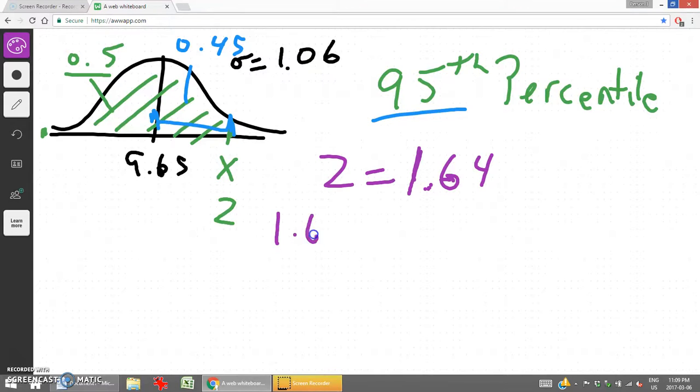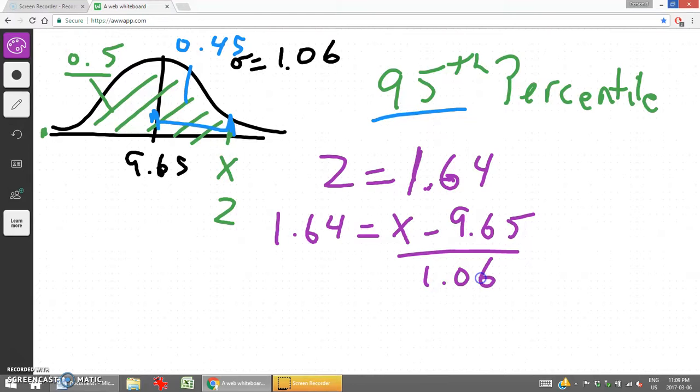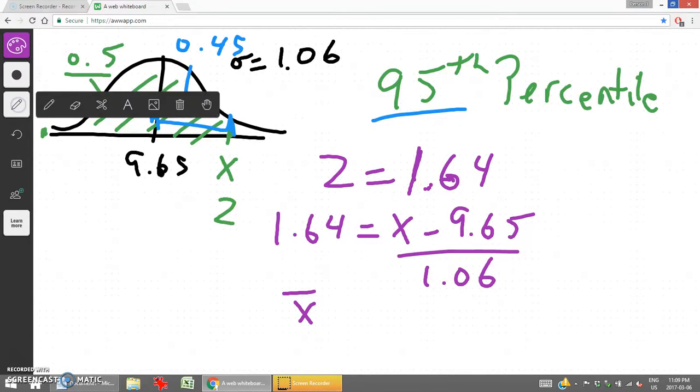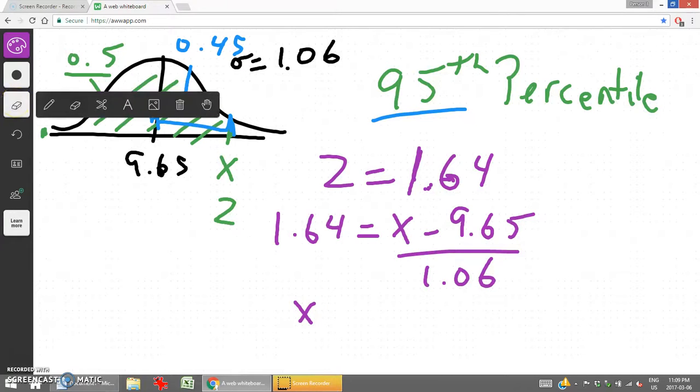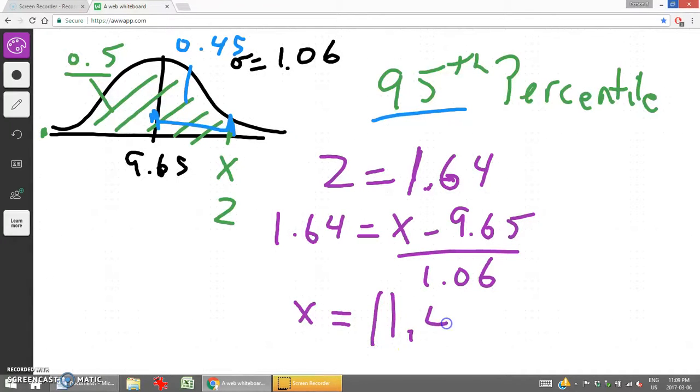Z, 1.64, equals X, our unknown, minus the average, 9.65, divided by 1.06. Through the process of cross multiplying, we get our X value to be approximately 11.4 kilograms.